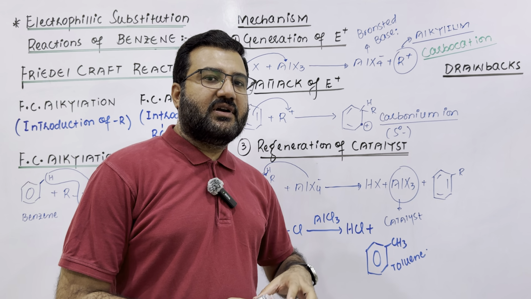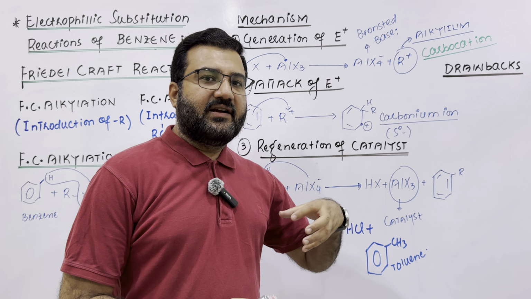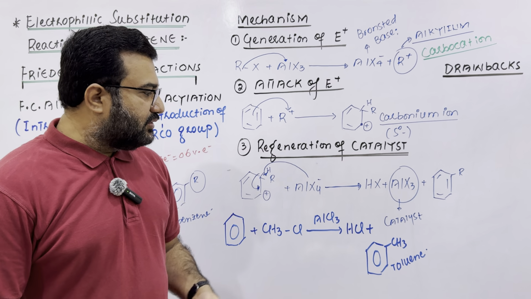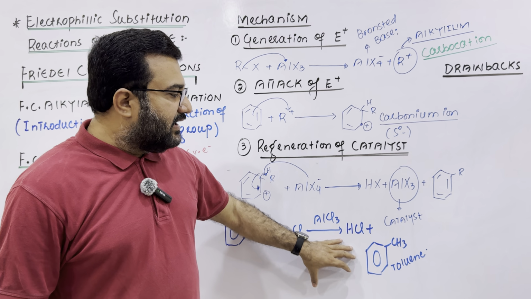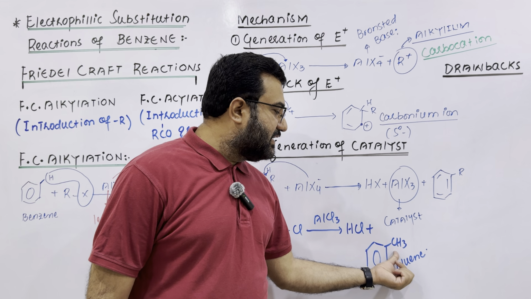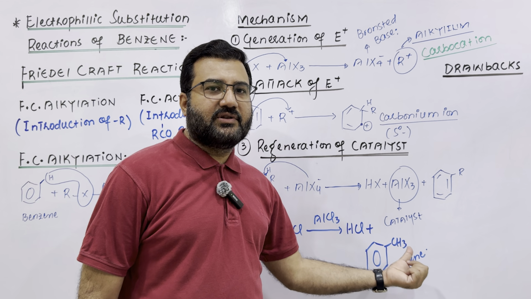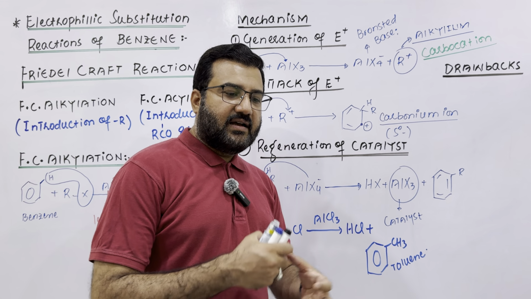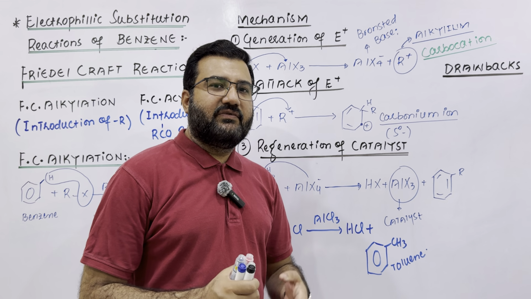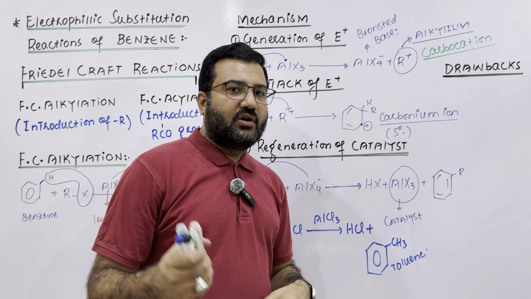So instead of the monoalkyl benzene, dialkyl benzenes or trialkyl benzenes are produced. So this is the first drawback, that this reaction is difficult to stop once one alkyl group is introduced to the benzene ring.